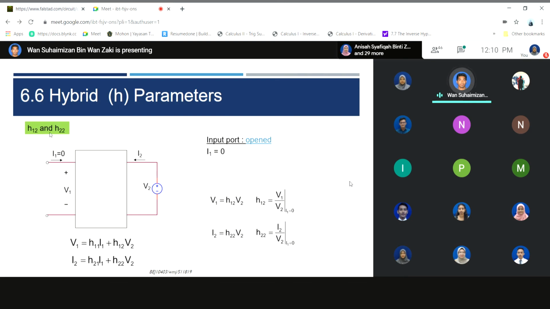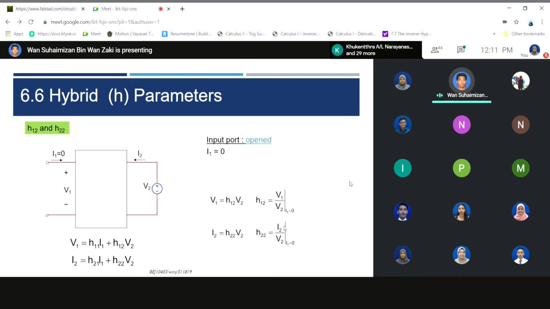Next, in order to determine H12 and H22, you open circuit at port number 1. So when you open circuit, you set I1 equals to 0. From this equation, when you set I1 equals to 0, you get H12 equals V1 over V2. This is a ratio of voltage 1 over voltage 2, so there is no unit for H12.